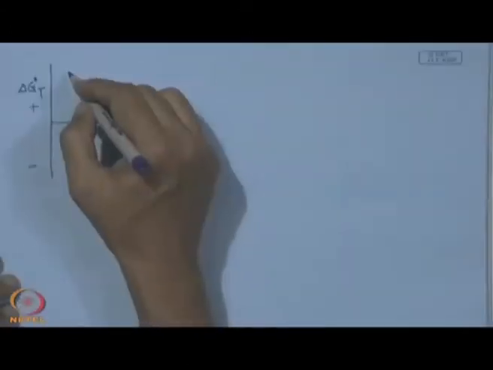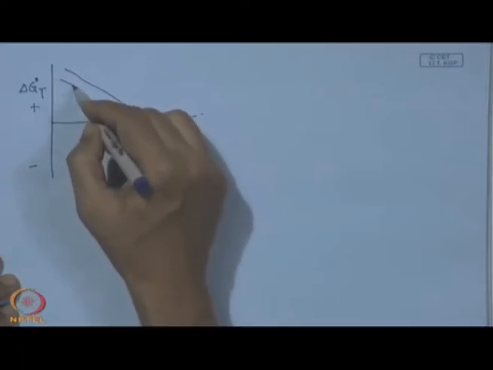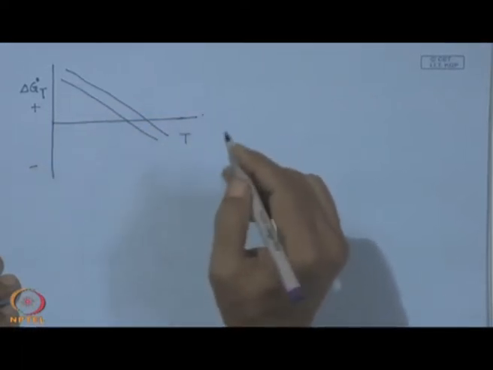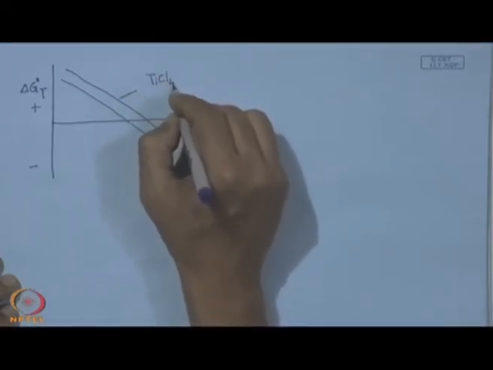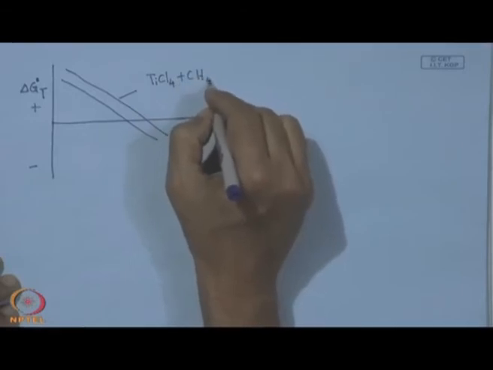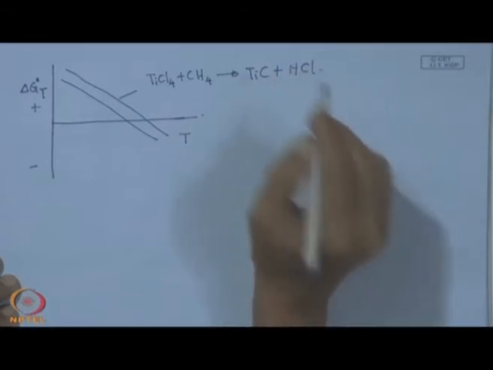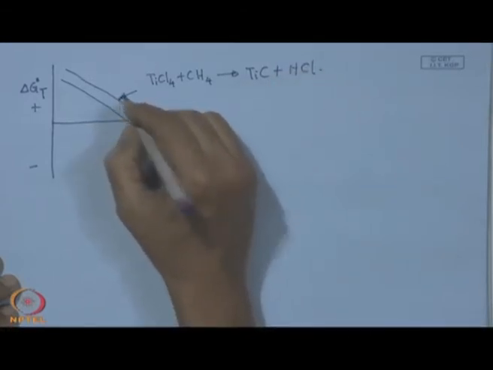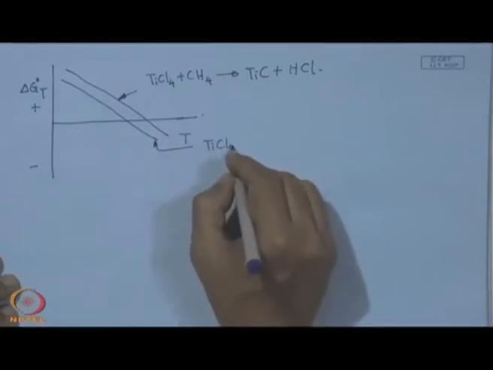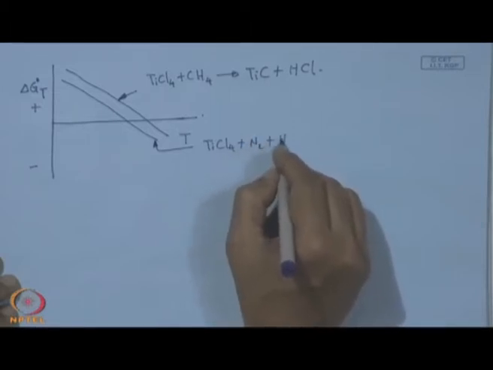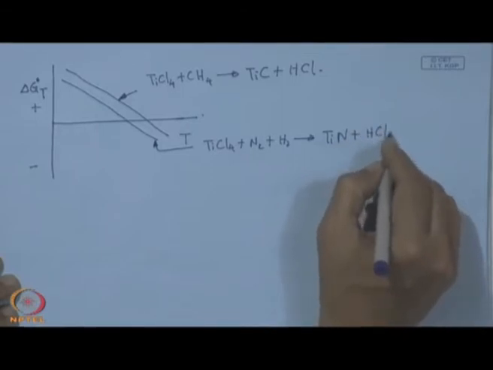In that case we can find two lines, maybe something like that. This is just illustration. This one may be TiCl4 plus CH4, which gives us TiC plus HCl with proper balancing, and this one will be for TiCl4, N2, H2, that gives us TiN and HCl.